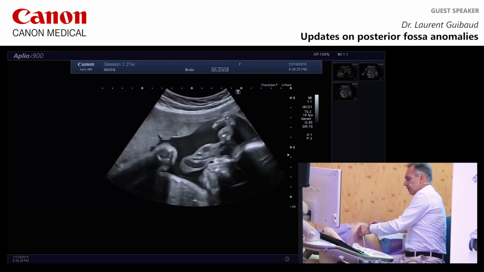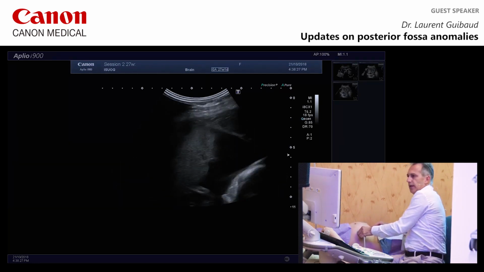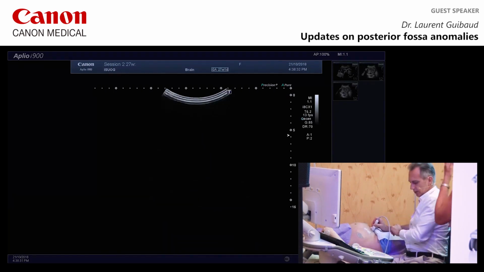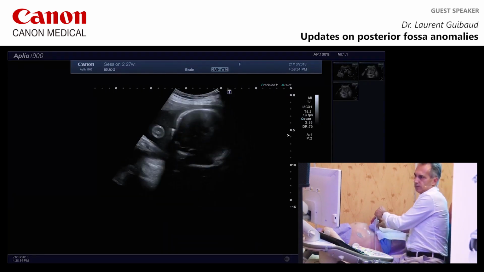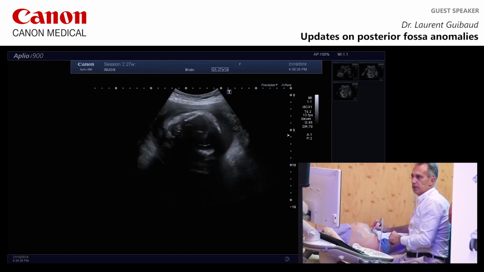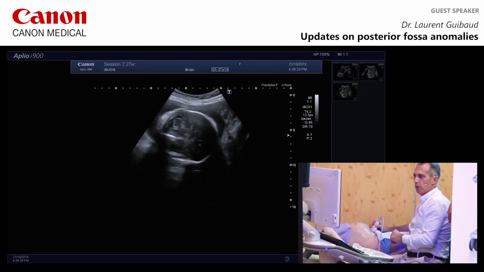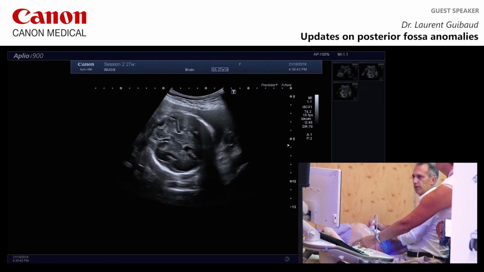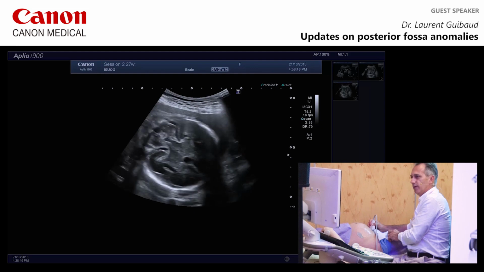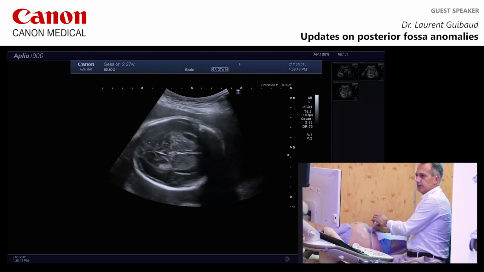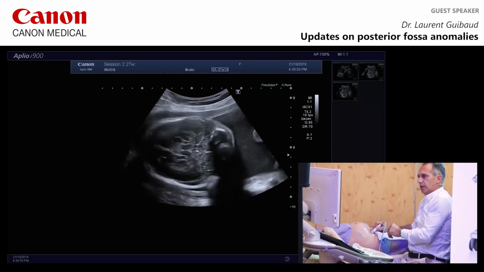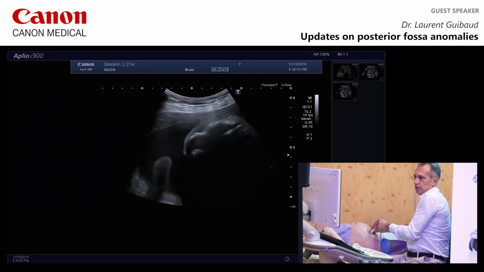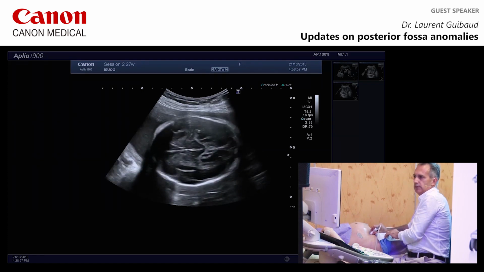The patient had a C-section, so it's a little bit painful when I press, so I don't want to press too much. And the baby just moved. It's real life. So you can appreciate an oblique view on the cerebellum. I go back to, okay, back to axial.